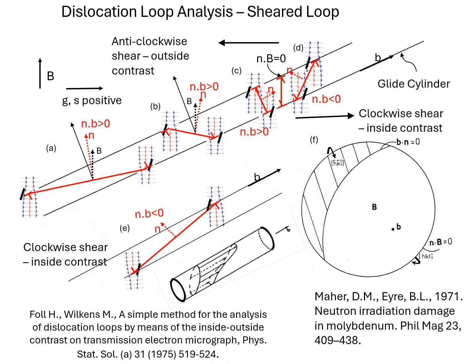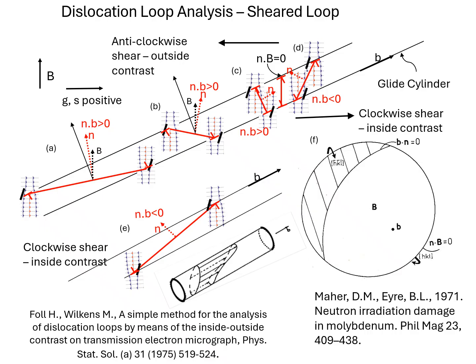Very briefly, I mentioned knowing the sense of the loop by tilting from one orientation to the other, and that's very important because if one is looking at inside and outside contrast, the little black lines here denote where the contrast is strong for the conditions shown with G in this direction and S positive.